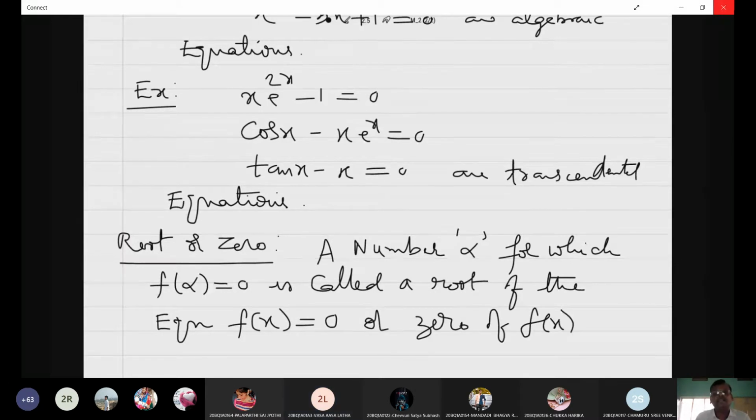In complex analysis, we say the zeros of the functions, whereas in real analysis, we simply say root of the equation or solution of the equation.